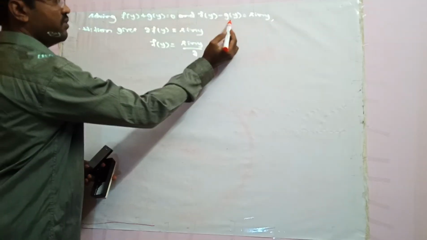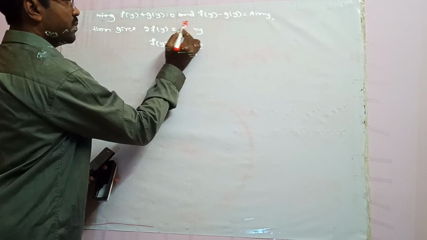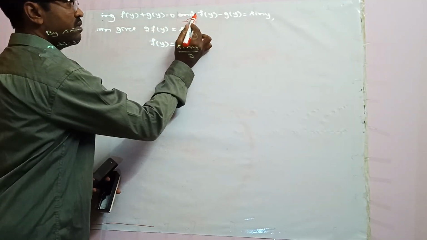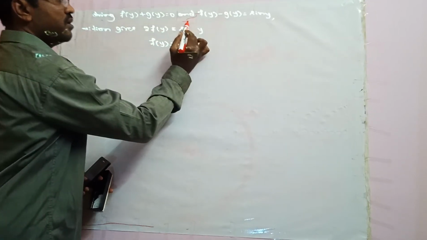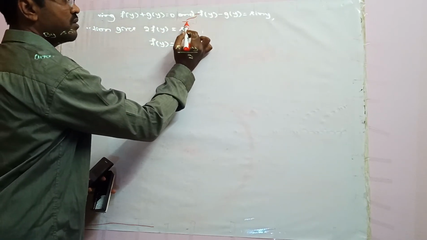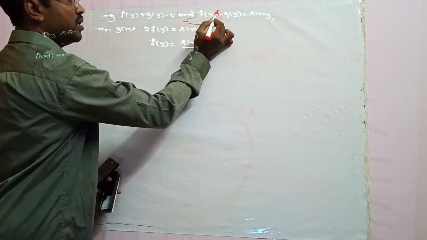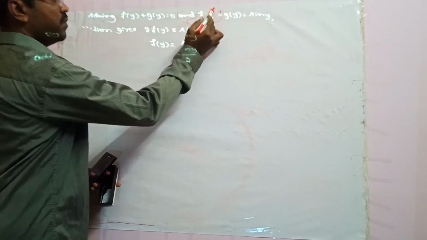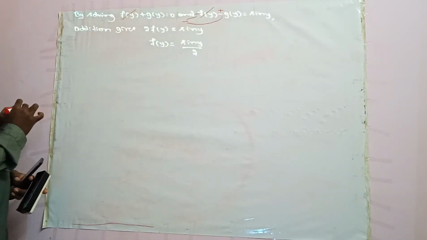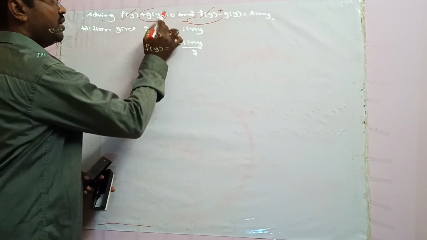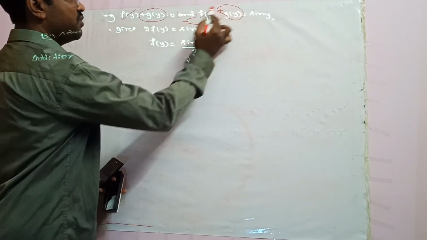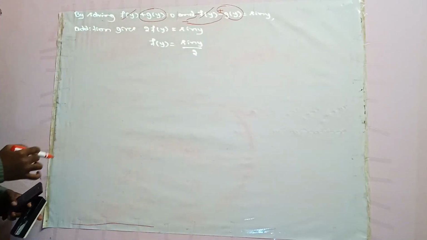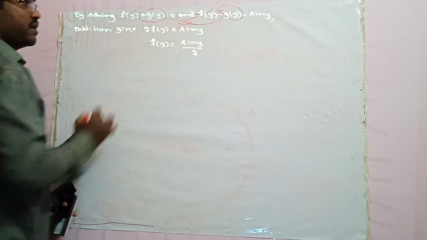So to find g of y, we subtract. This gets minus here, this gets minus here, because minus into plus will be minus. Again, minus into minus will be plus. Then minus f of y plus f of y will get cancelled. G of y plus g of y will be 2 times g of y. In this way we can find g of y by subtracting.